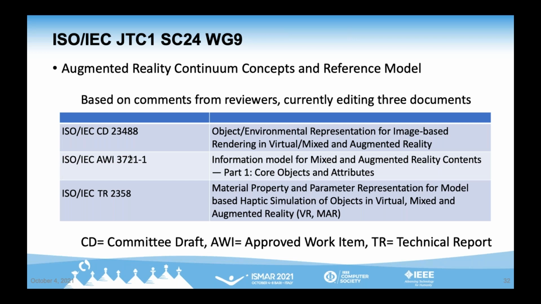So the working group 9 has been steadily developing its portfolio of specifications around mixed and augmented reality. There's an architecture and several other specifications such as representation of objects when rendering, and also material properties and parameter representations in haptics.